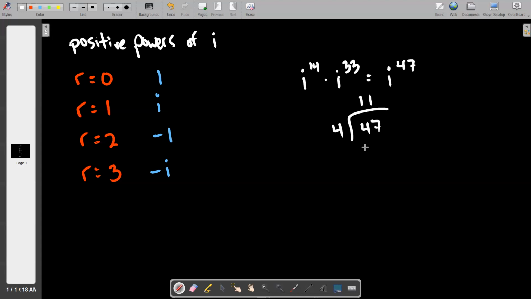And what's 4 times 11? 44. 47 minus 44. That's all I needed to know. So what's the answer? Done. That's where that table is going to bail you out again and again. You just need to know the remainder. That's a modular concept. You take a chunk, reset. Take a chunk, reset. Okay.